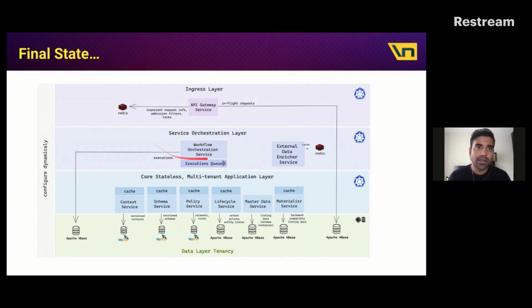Then a service orchestration layer, which executes our workflow. We have a core stateless multi-tenant application layer. Again, this can be replicated across for every marketplace that we have, and for new marketplaces that come up, and it runs in a cloud native sort of environment.